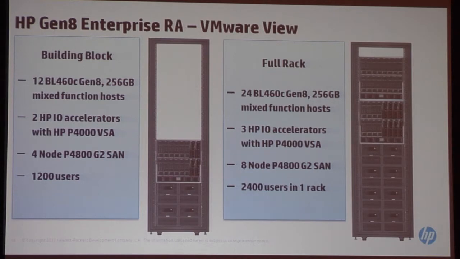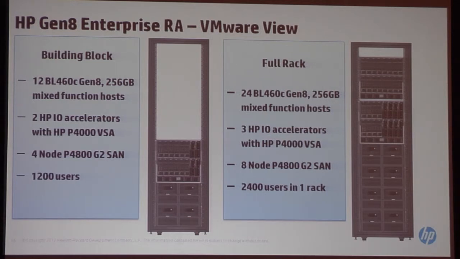So in this particular left-hand side, what we have is 1,200 users, and these are validated in the lab. And what we're using is the VAAI component, which allows us to do storage tiering. So we now have the ability to have a high-speed storage tier and then a lower-speed back-end storage environment.